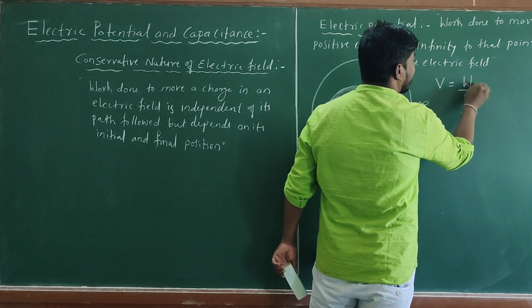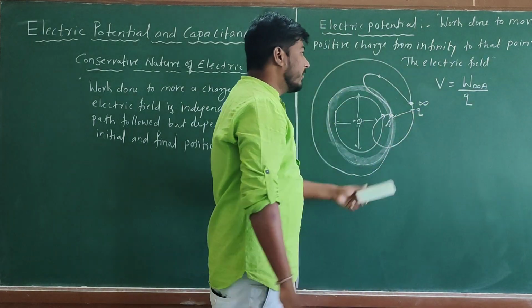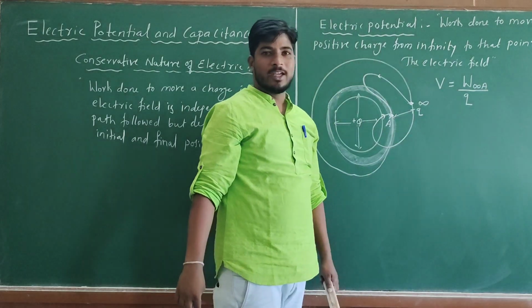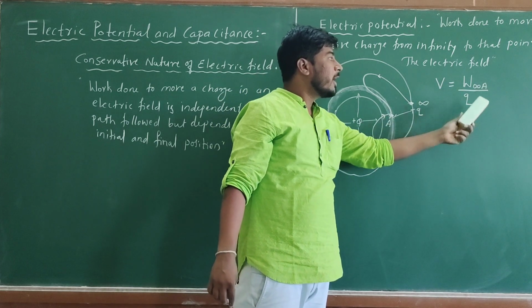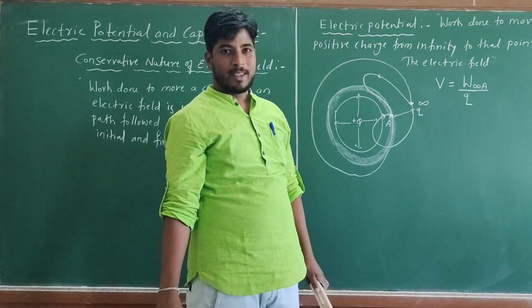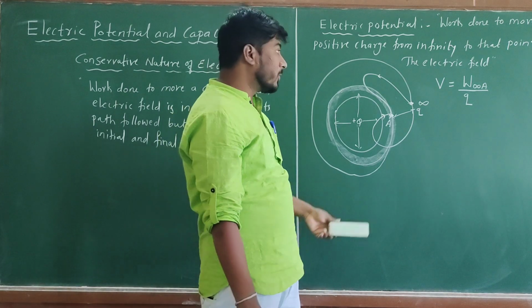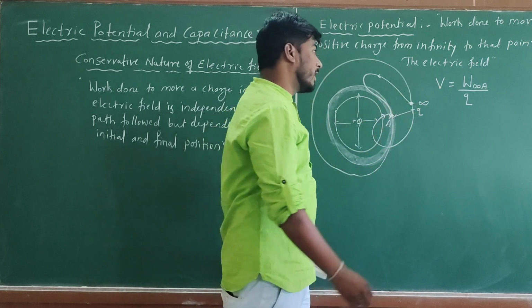From infinity to that point. Which point? I have to bring the charge from infinity to A. So V is equal to W infinity A upon Q, which is nothing but the electric potential.